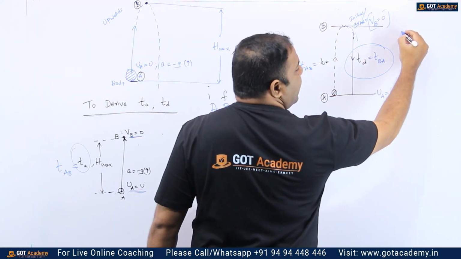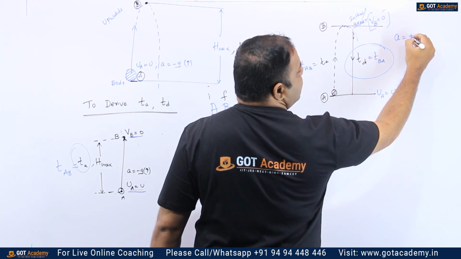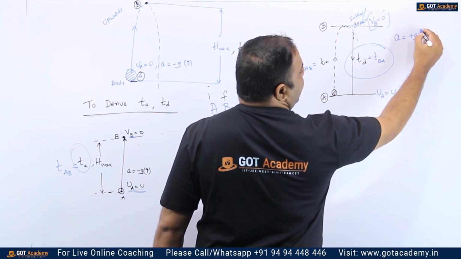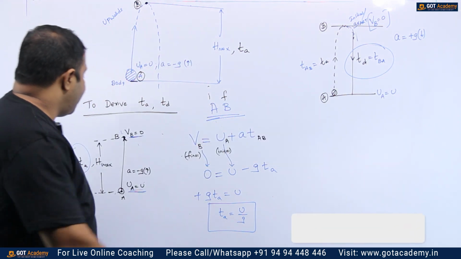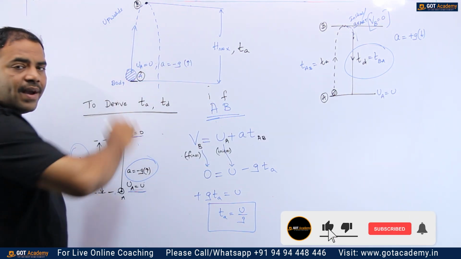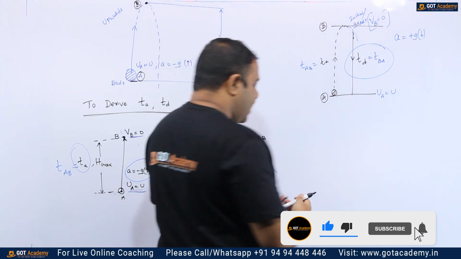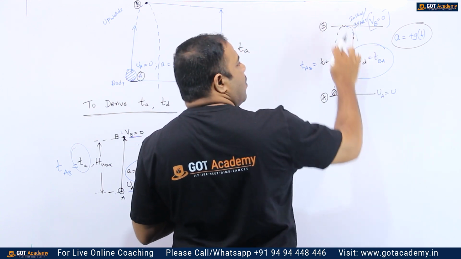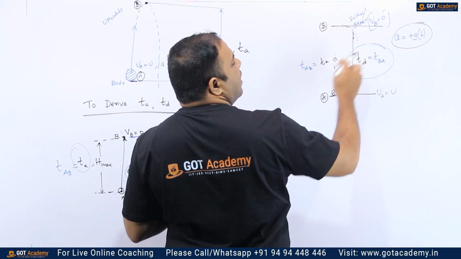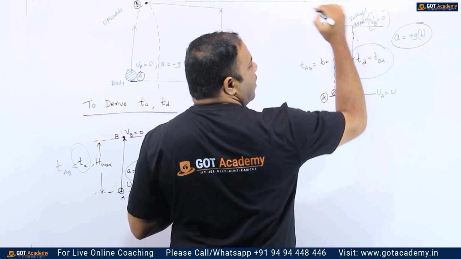So whenever it is coming down, I have to say that acceleration is plus g. It is not minus g. This is the difference in these two derivations. Previously I had taken acceleration equal to minus g, but now I am not taking minus g, since it is coming downwards. I have to consider from this point, not from that point. So this will be my initial one.